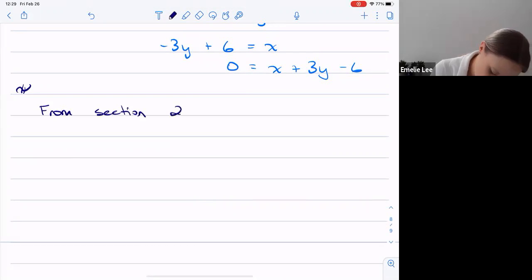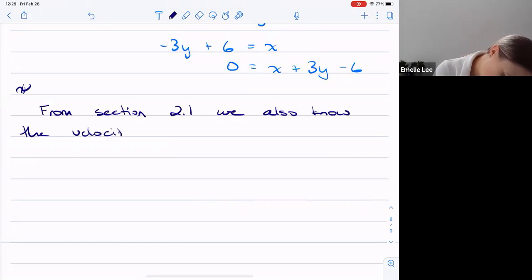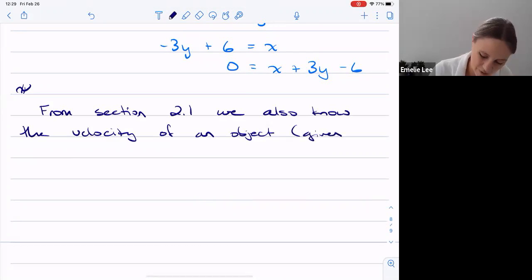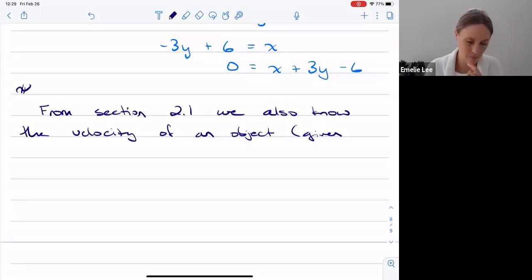From section 2.1, we also know the velocity of an object, right? And I'll say given the distance function, or the displacement, now I'm hesitating, is it the distance or displacement? They're different, right?